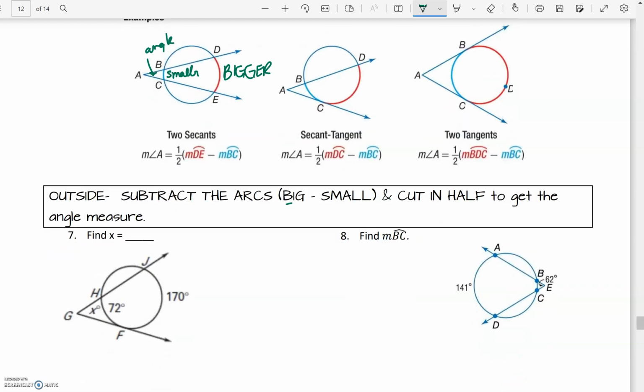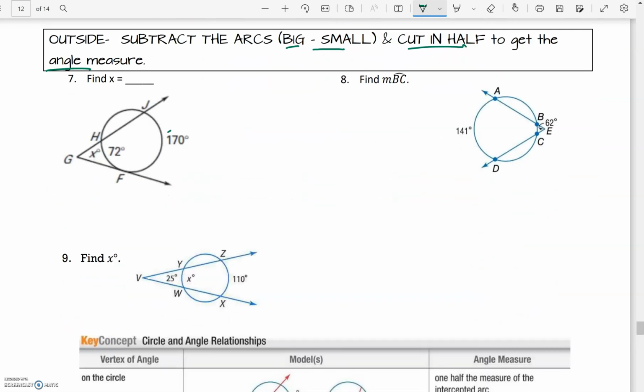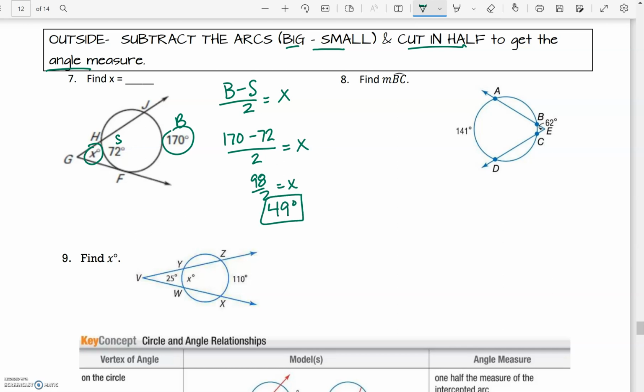So big minus small, cut it in half, and that gives your angle measure, which in this case is X. The big one is 170, the small arc is 72, and after we subtract, we cut it in half. That's half of 98, which gives us 49 degrees.